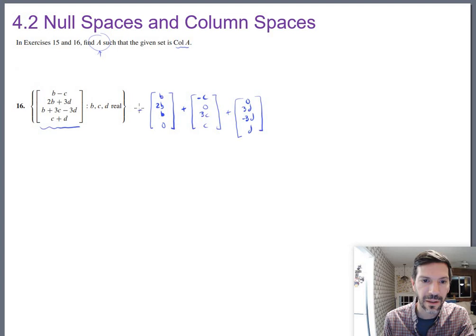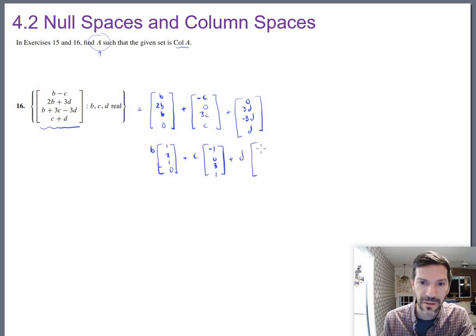And so that's still the same vectors. I just broke it up into 3 additions instead of a single one. And I'm of course going to factor. So B times that vector plus C times -1, 0, 3, 1 plus D times 0, 3, -3, 1.